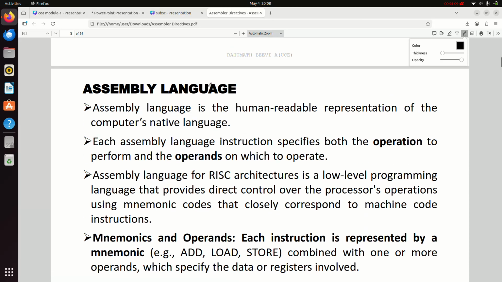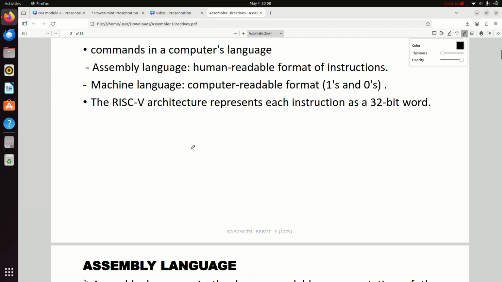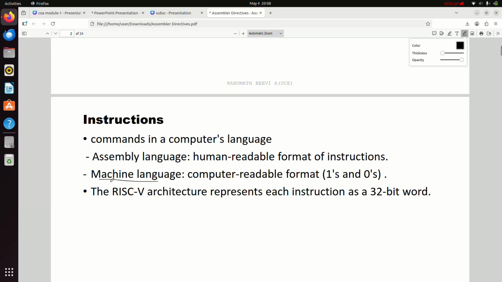Assembly language is nothing but the human readable representation of a machine language instruction. So when you have machine language instructions, the human readable form of that is going to be equal to the assembly language.